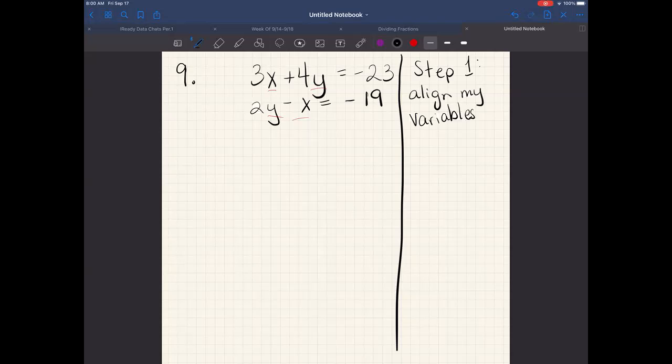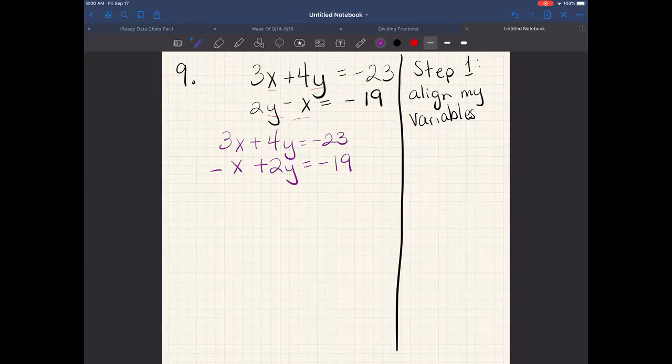So I don't have that here in the second one, so I need to rewrite it. My first equation can stay the same. My second one is where that switch is happening. So now it's going to be negative x plus 2y equals negative 19. So far, so good. All I did was rearrange that second equation so that I had all my x's together and all my y's together.